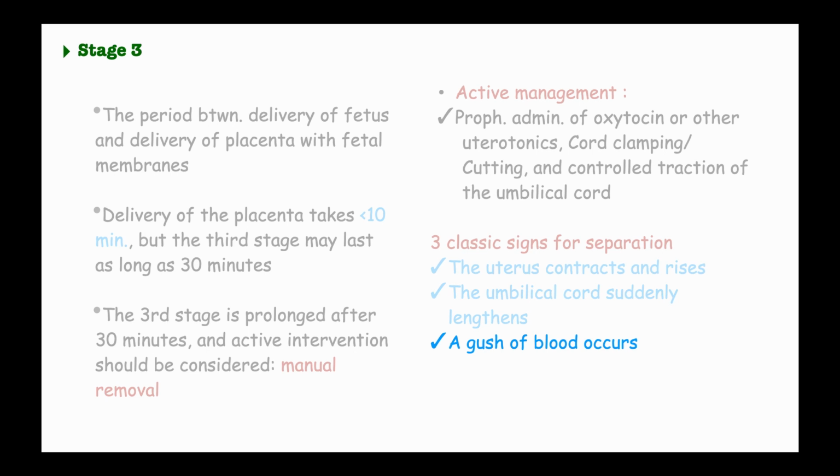And this gushing of blood is the blood which collected behind the placenta. And so as you try to pull the umbilical cord towards you, the blood forcefully comes out. And these are the indications that the placenta has been separated.